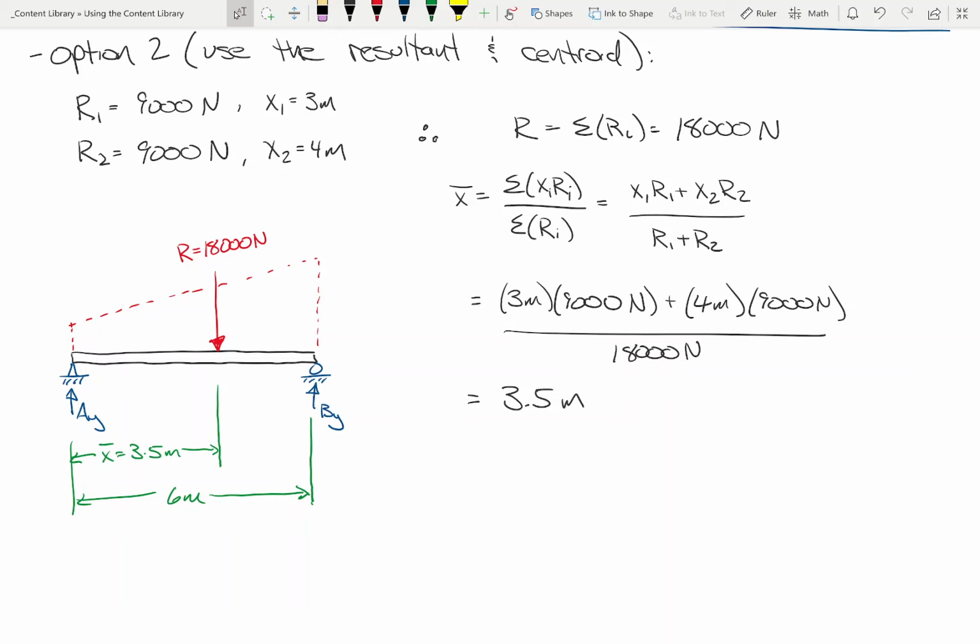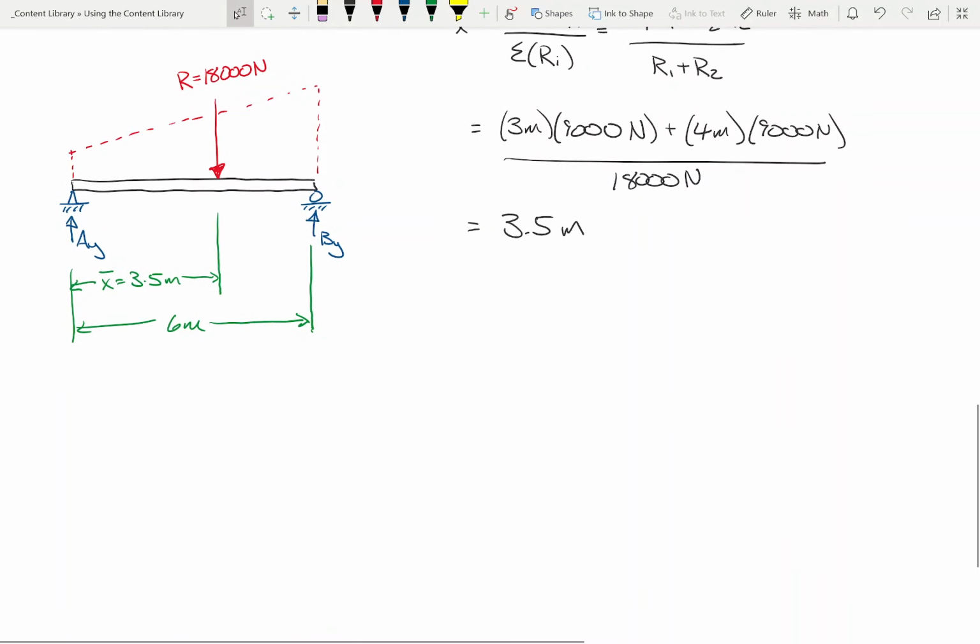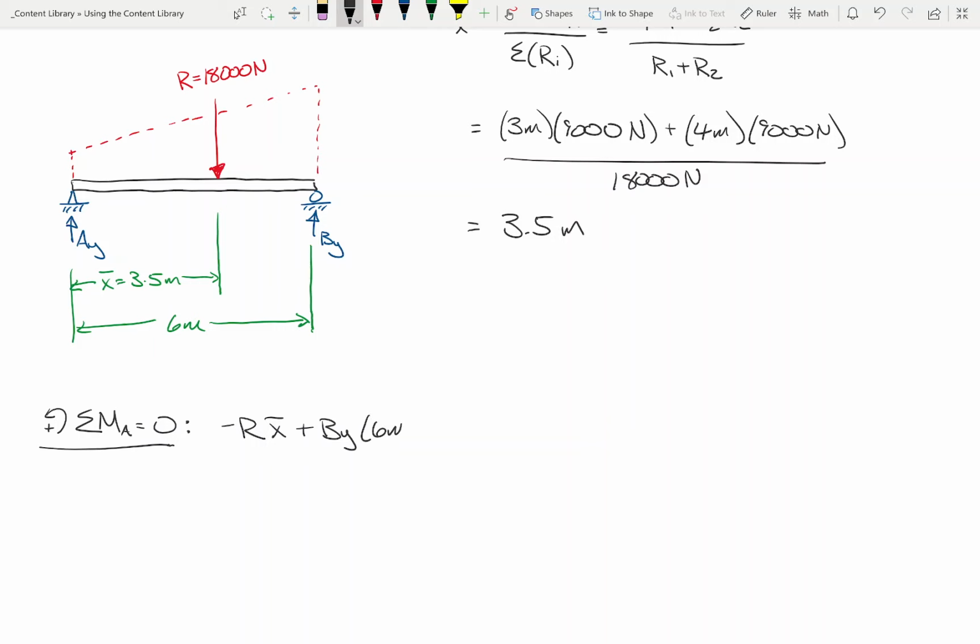So instead of dealing with each individual component, let's just use the whole thing. Okay? And what's going to happen? Well, let's see. If I sum moments at A, I'm going to have negative R times x bar plus BY times 6 meters equals 0, right?